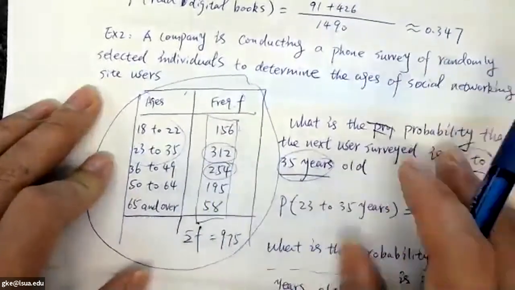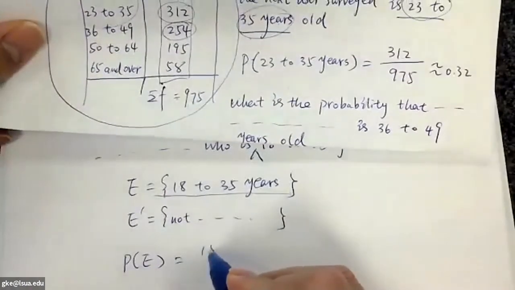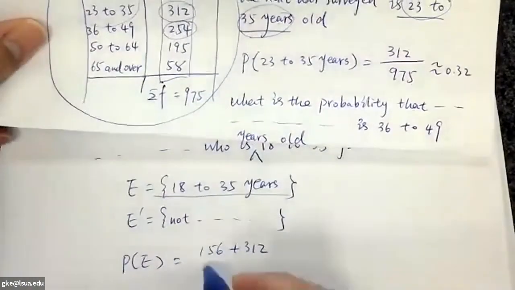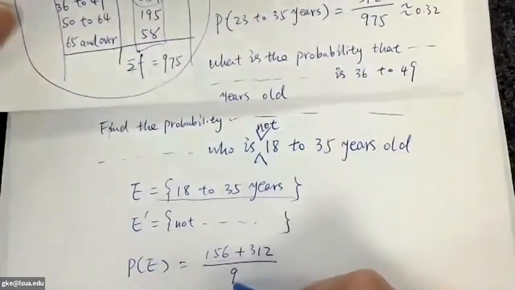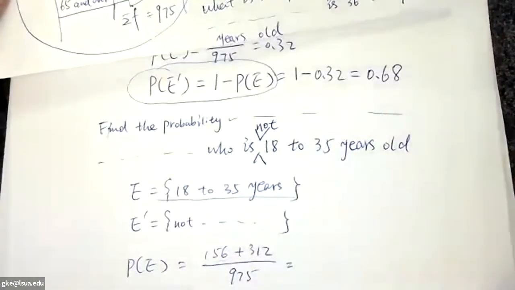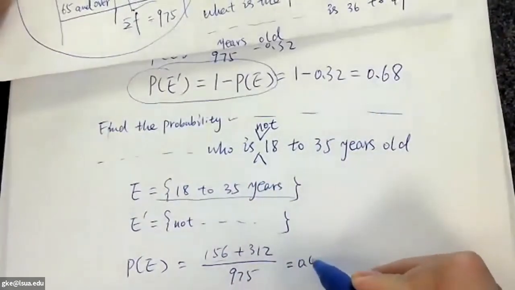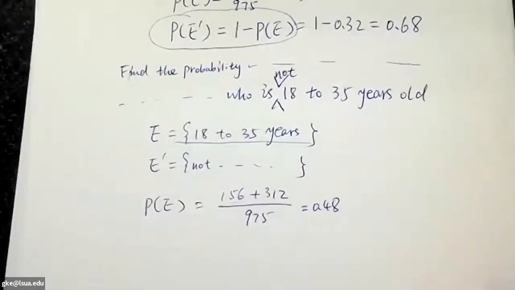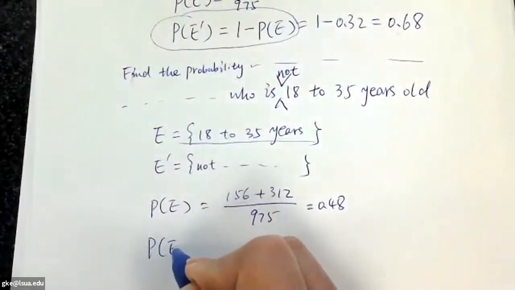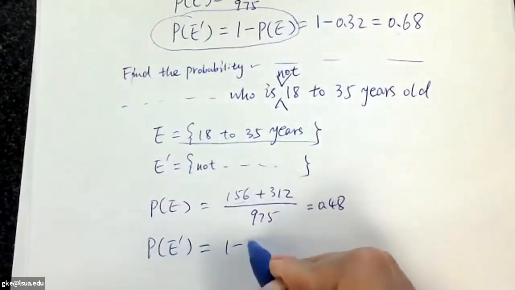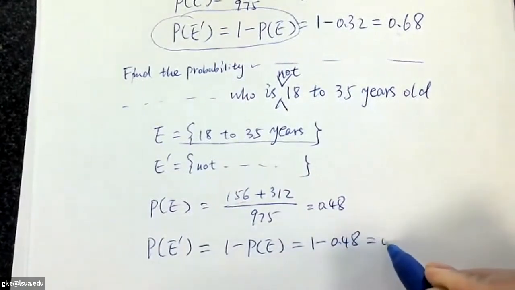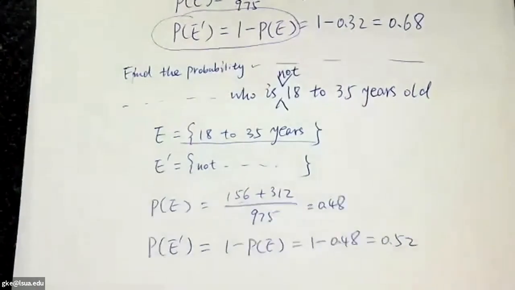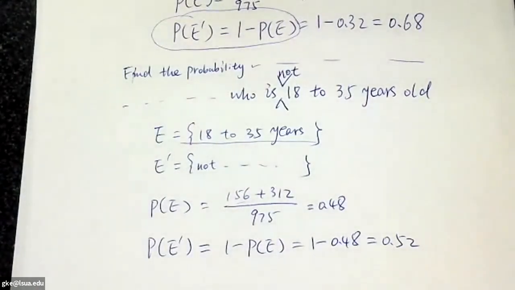We add these two numbers and divide by the total frequency, 975, and this gives you 0.48. Now, the probability of E prime is 1 minus P(E). 1 minus 0.48 equals 0.52. That's it.